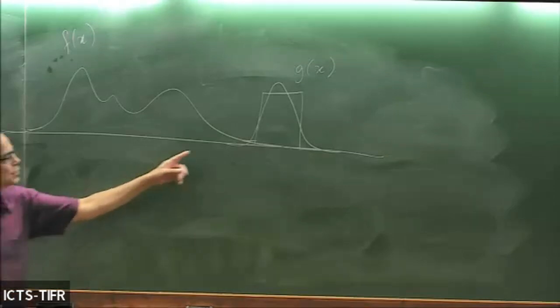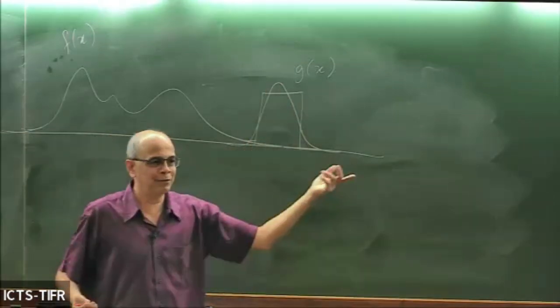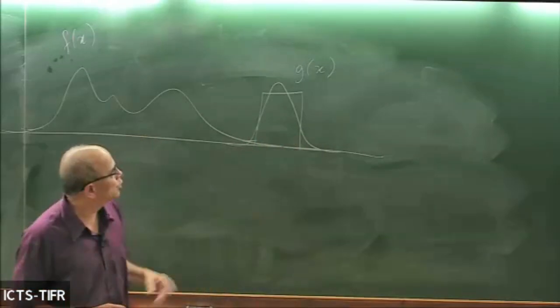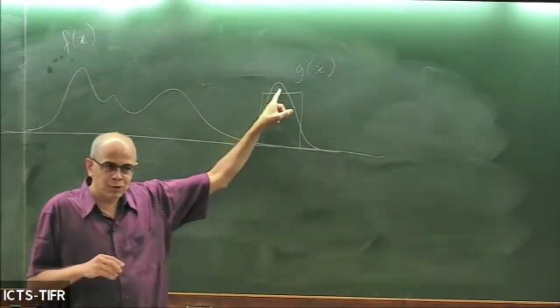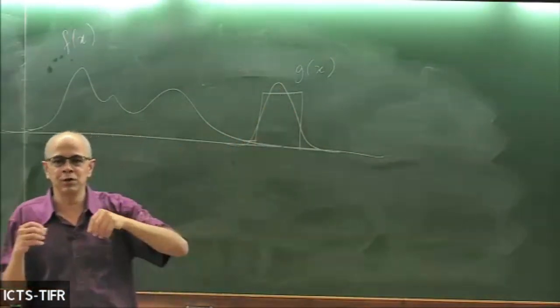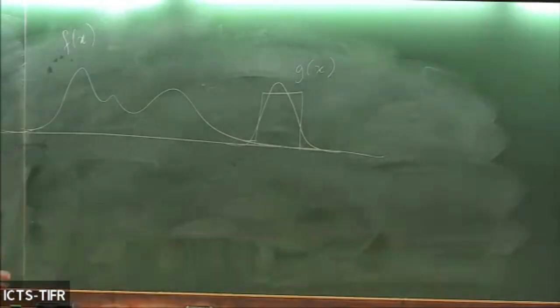You would never want to evaluate the expected value of a function like this g of x. But the point is that you choose the proposal in such a way that it's non-zero wherever g of x and f of x are significantly non-zero, and it could be small everywhere else, and that is perfectly okay.